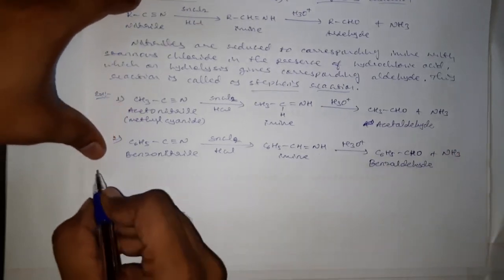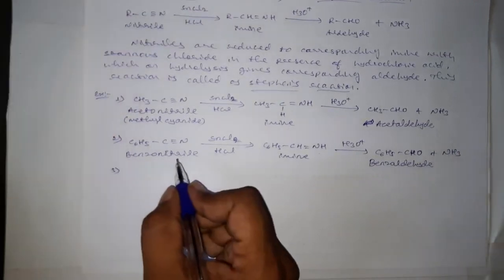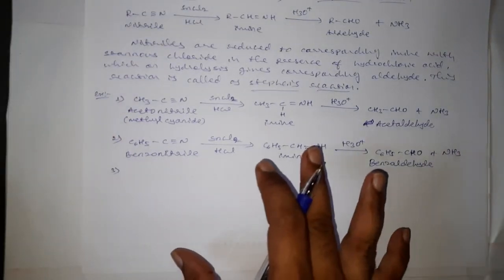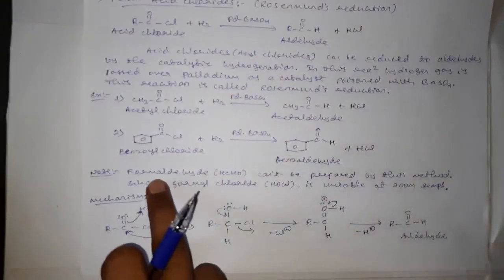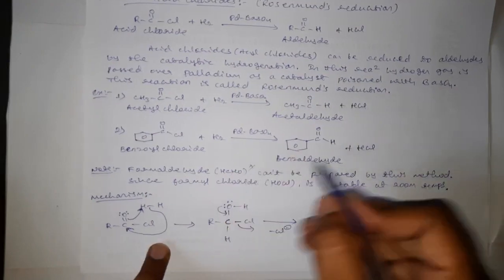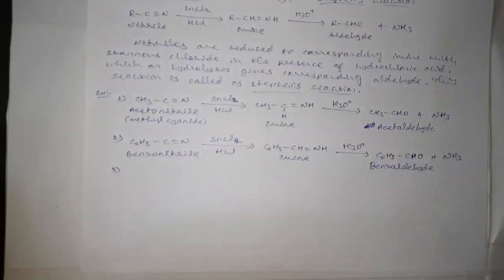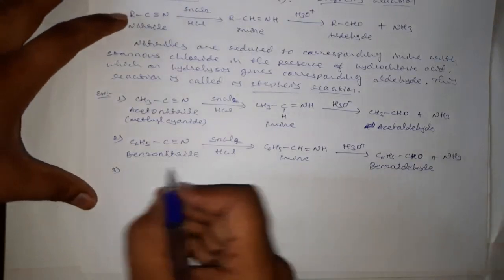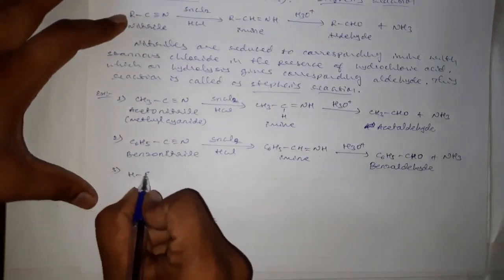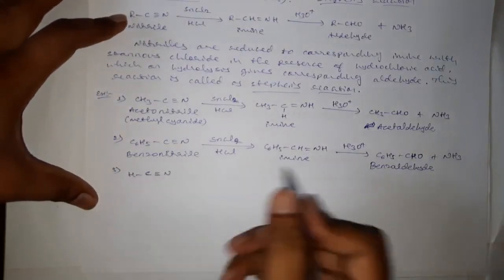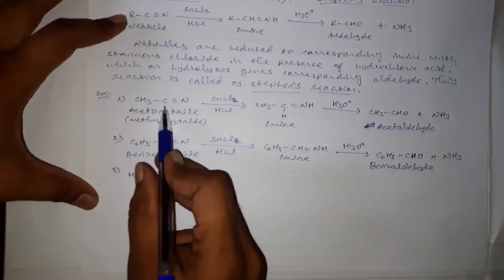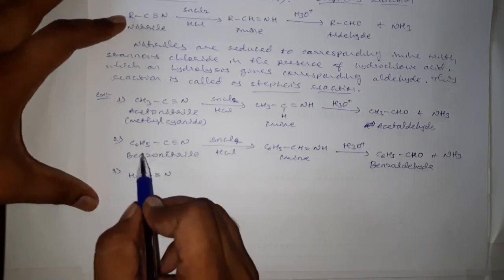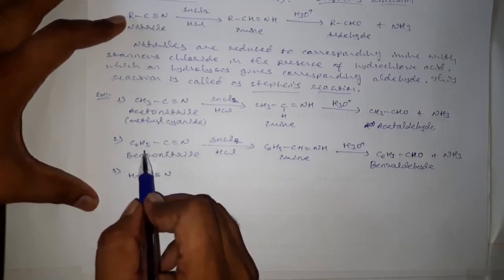Okay, and can we prepare formaldehyde from this method? From Rosenmund's reduction, the formation of formaldehyde is not possible because of its instability, but here the formation of formaldehyde is possible, though only to a lesser extent. Why? Because here on carbon hydrogen is there, whereas in other cases methyl or phenyl groups are there as substituents.